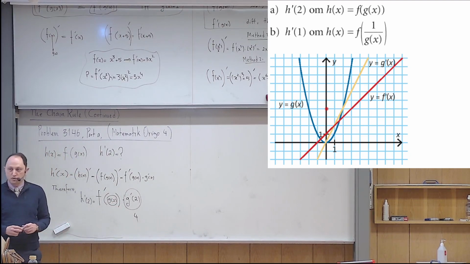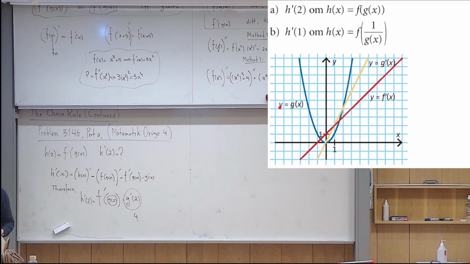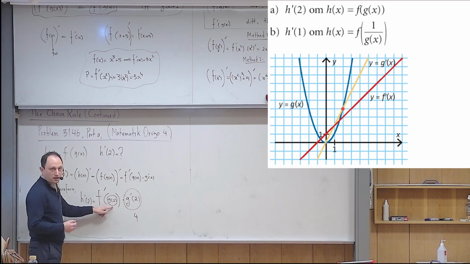So which graph is useful for reading g of 2? The blue one, because the blue one is given to be g of x. So I go again here too. I go vertically up so that I intersect this time the blue one, but this is coincidentally the same. So if I ask you what is g of 2, the answer is coincidentally 4 again.